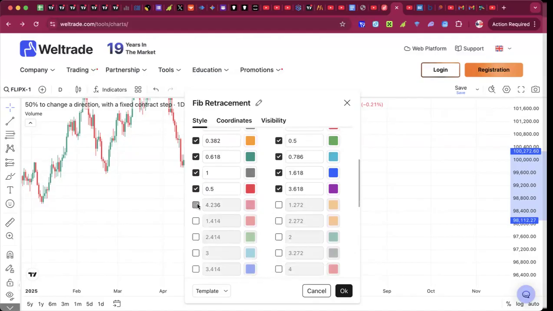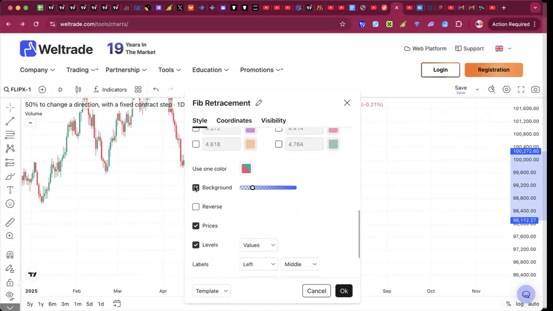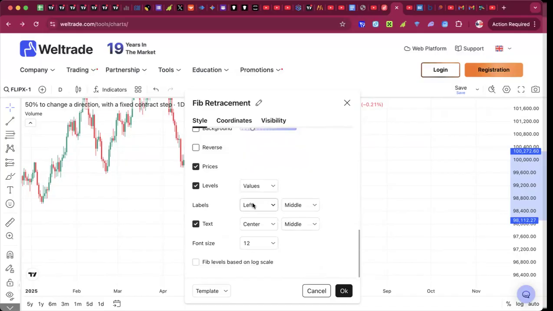Okay, then I disable this and disable this and disable this. All right, so you're going to have this other remaining one, and then I'm going to take off the background. So you want to come to remove price and then probably use percentage and turn it to the right hand side. All right, then of course put it at, yes, at the center.